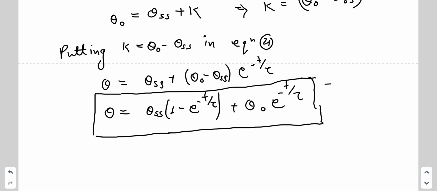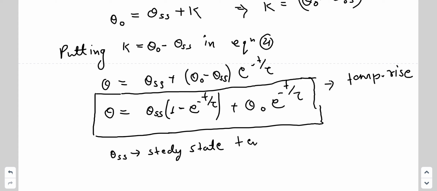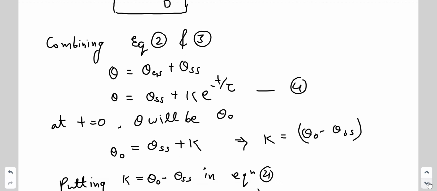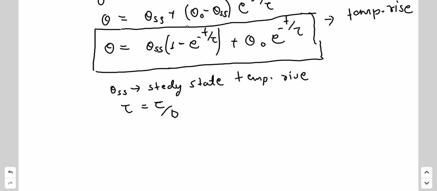This is the equation for temperature rise, where theta SS is the steady state temperature rise, and tau, which is C by D, is the heating time constant, and theta naught is the minimum temperature.